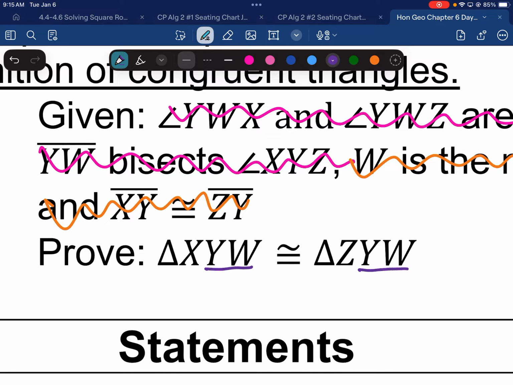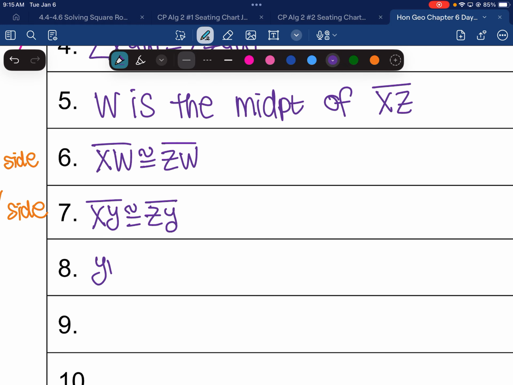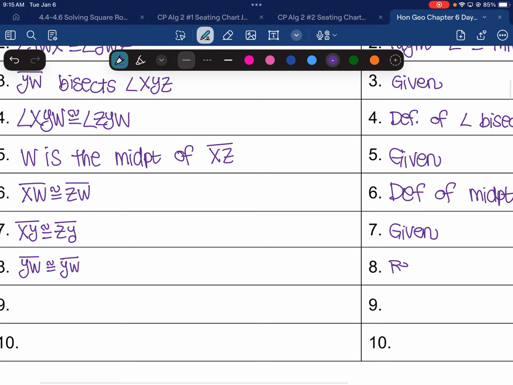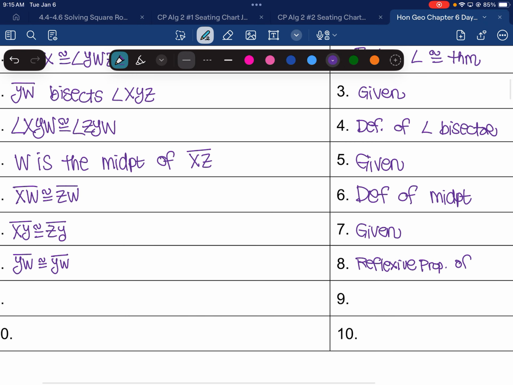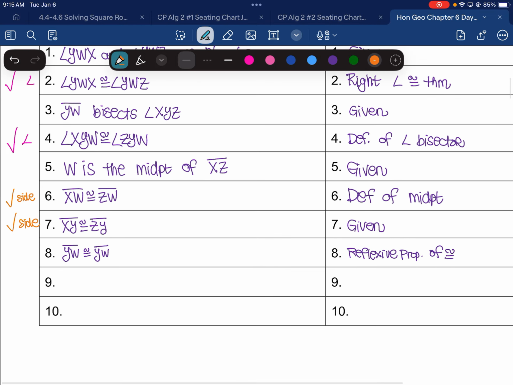So if you say YW, you got to say YW. All right? What was your reason there, Sydney? You got it. Good job. Okay, there you go. That's your third side. You're good on your congruent pairs of sides.